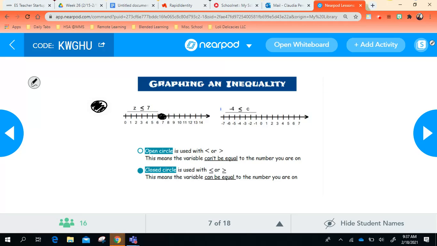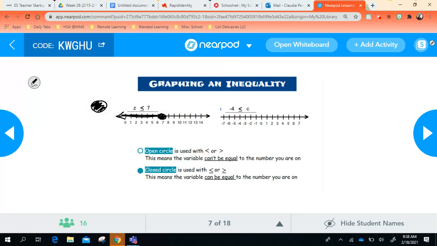So now I got to think. Z is less than or equal to. So are the numbers to the left less than, or are the numbers to the right less than? To the left, because 6 is less than 7, 5 is less than, and remember, less than is also like saying smaller than. So I'm going to draw my arrow to the left.